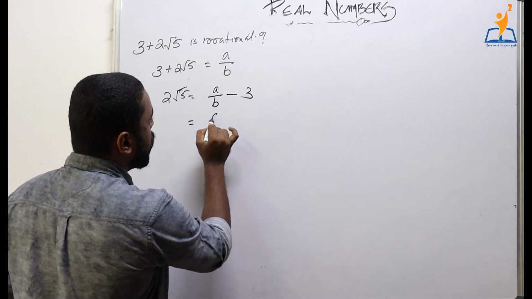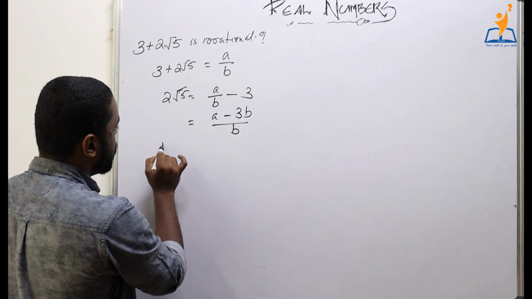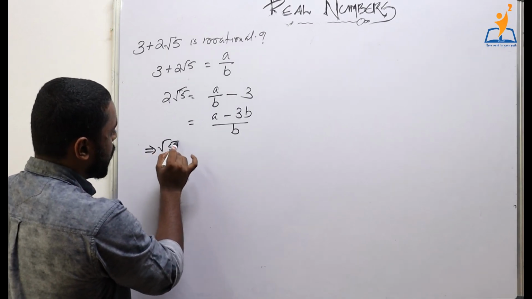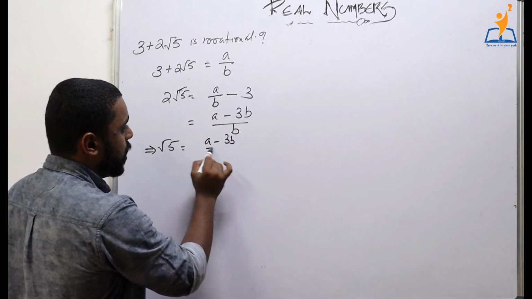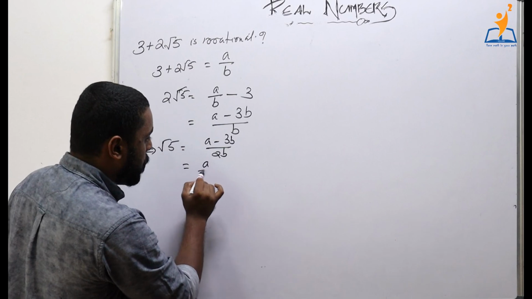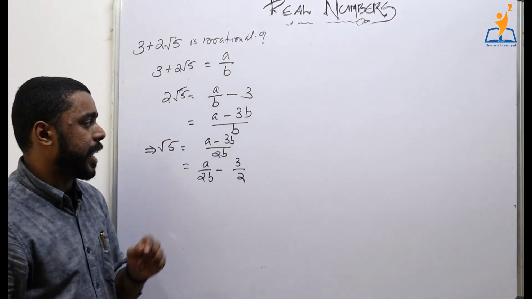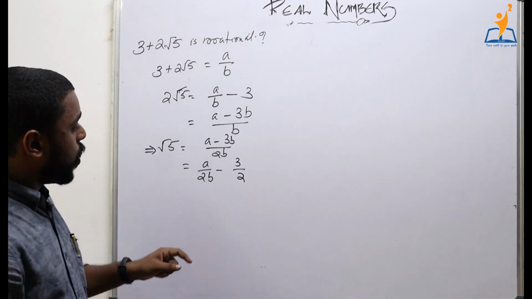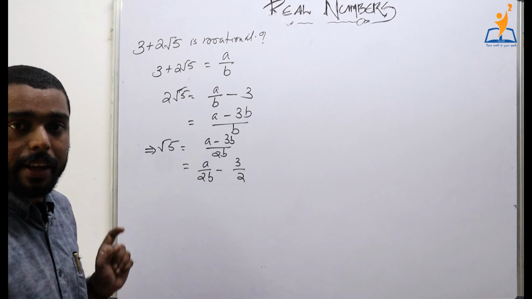It is equal to a minus 3b divided by b, which implies root 5 is equal to a minus 3b divided by 2b. We can write it as a by 2b minus 3 by 2. Now, since a and b are integers, a by b will be a rational number.